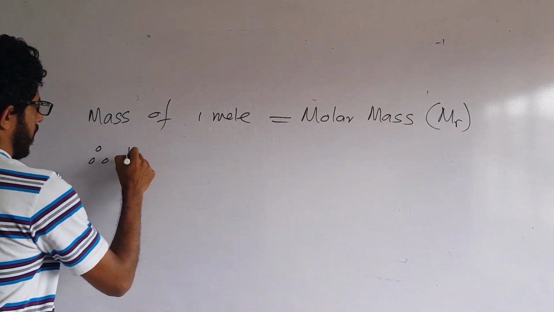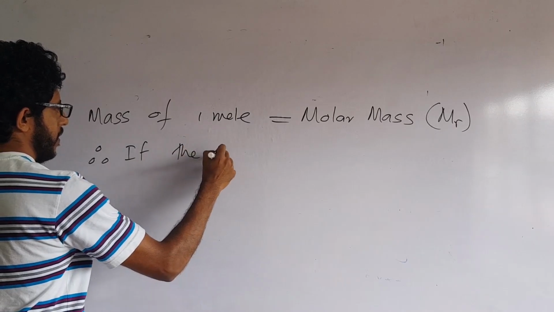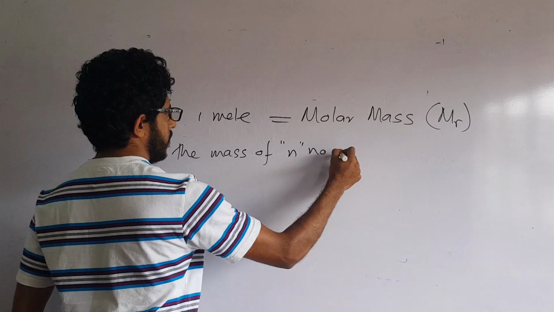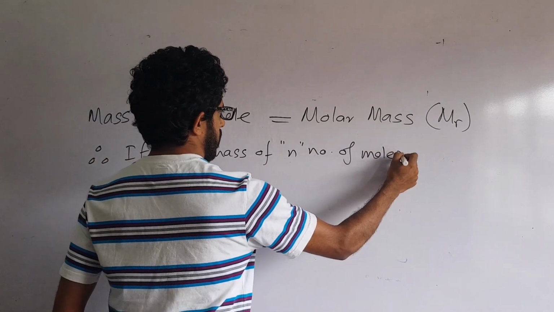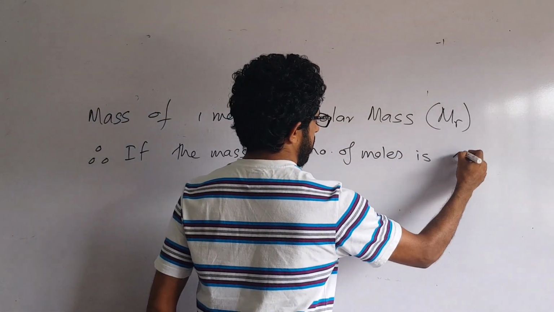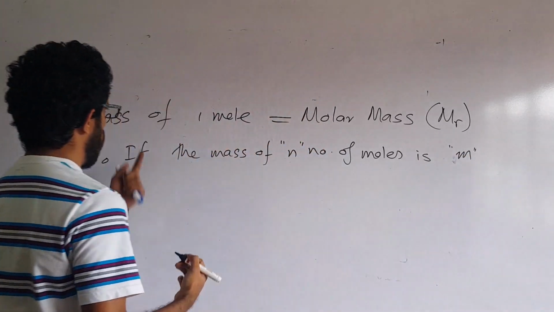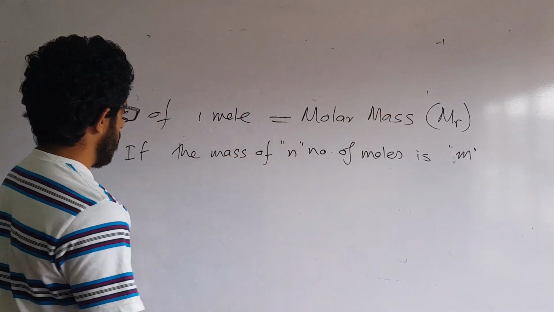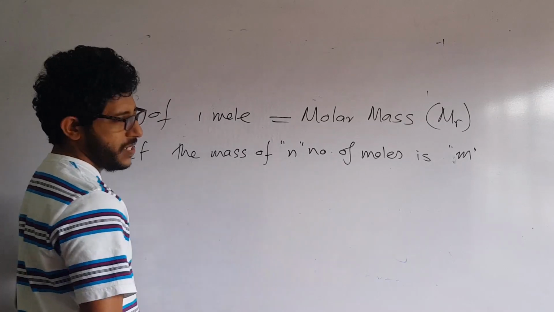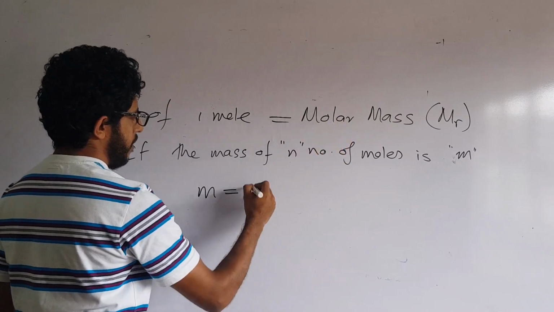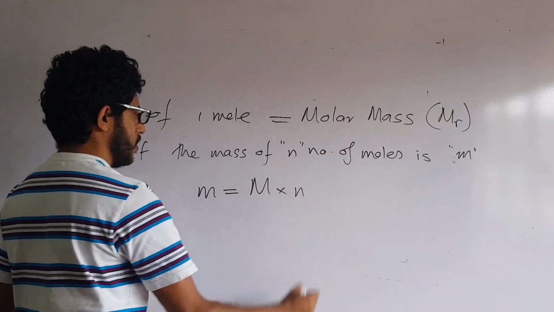Therefore, if the mass of n number of moles is simple m, and 1 mole is equal to capital M, then simple m is equal to the mass of 1 mole times the number of moles.